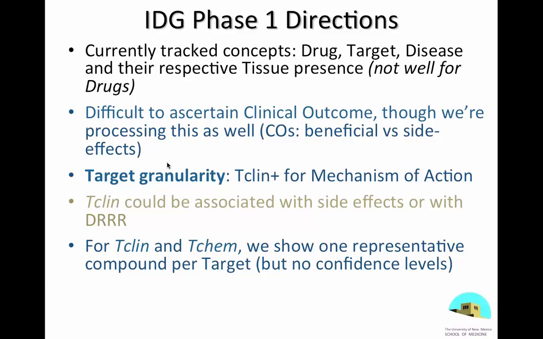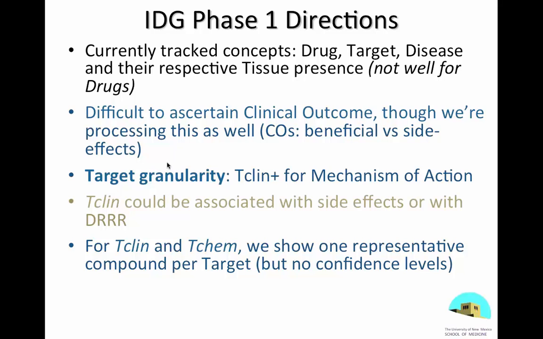It's also difficult to ascertain the clinical outcome, whether it's beneficial or side effects, so we would have to go through the literature for each particular target, as I mentioned for the mode of action. We have increased the target granularity, so we have this TCLIN plus, and we think that most likely the targets that are in TCLIN but not TCLIN plus will be associated either with side effects or with drug repurposing projects. So that would be a pool of targets for drug repurposing.